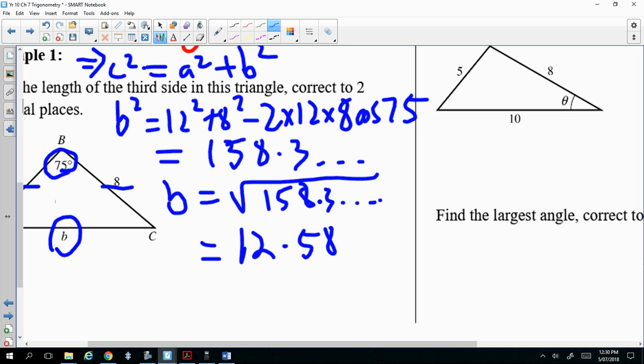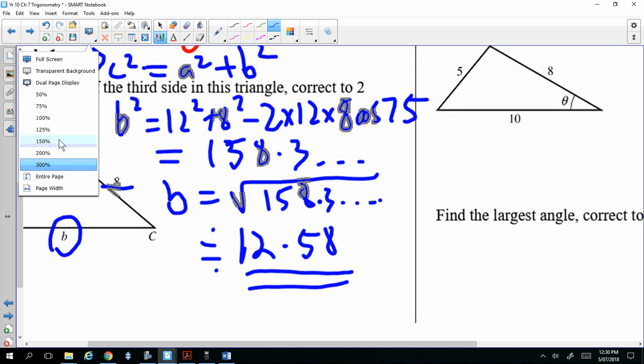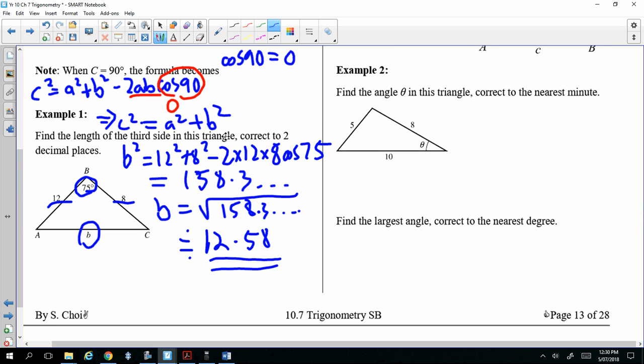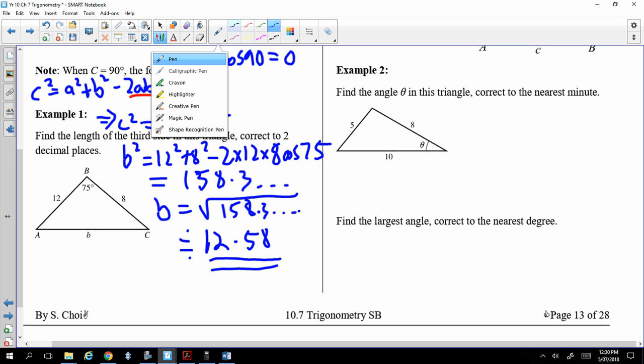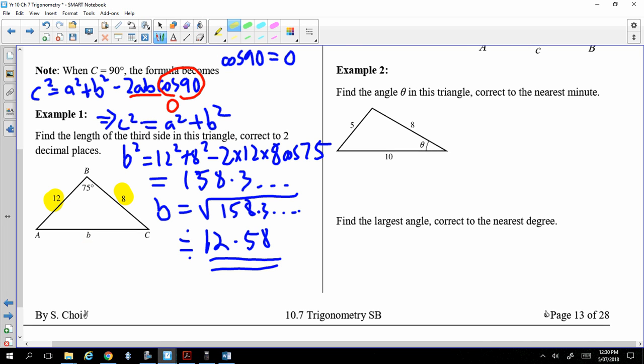Yeah, but you don't have to. What you do is, for this formula to work, whenever you have these two sides given, so let me use a highlighter, you have this and an angle. So it's like SAS. The side you're finding is the side opposite to the given angle.